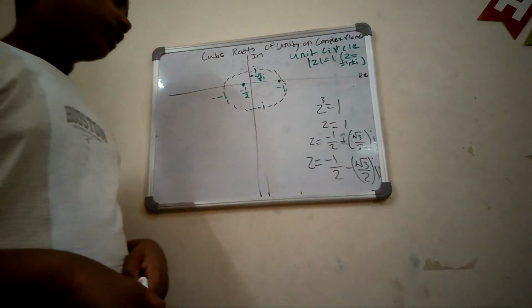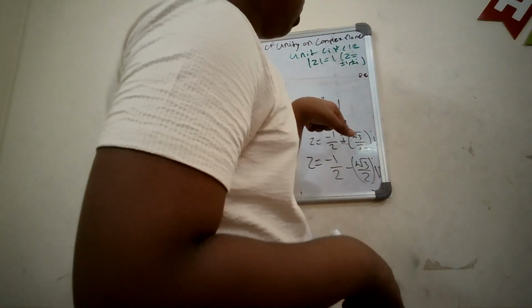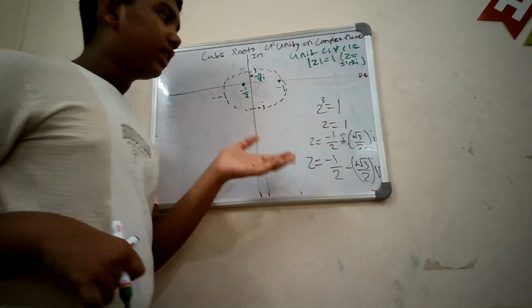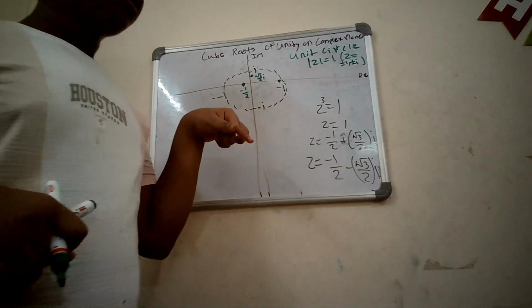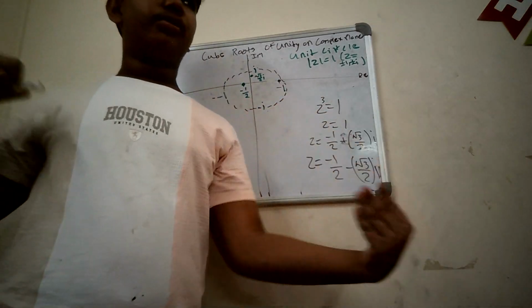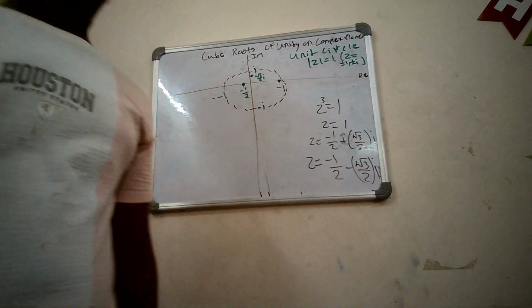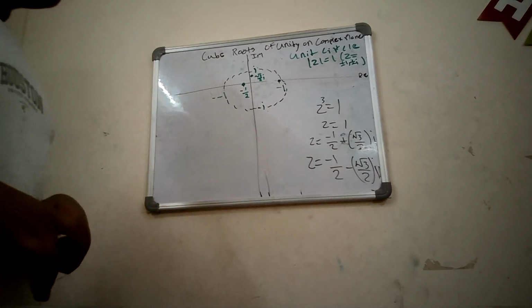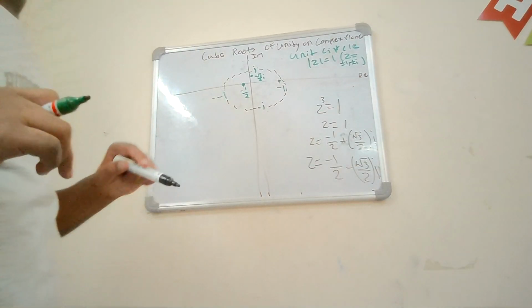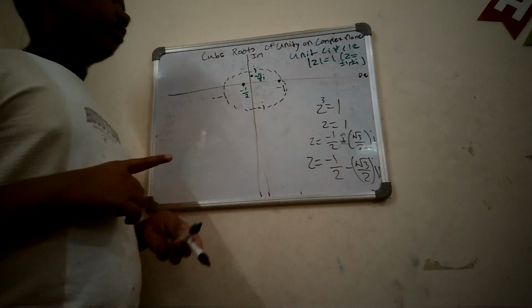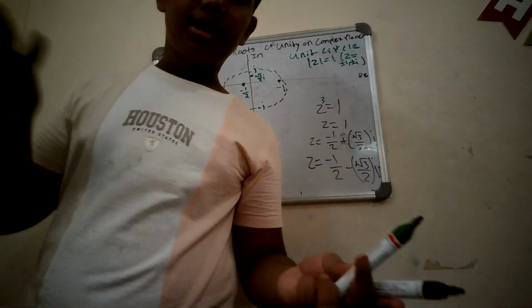As I said, the square root of 3 upon 2 in the imaginary section will be between 0 and 1, because 1.73 upon 2 would be 0 point something. It's approximate, because these are irrational numbers, so the graph wouldn't be exact.